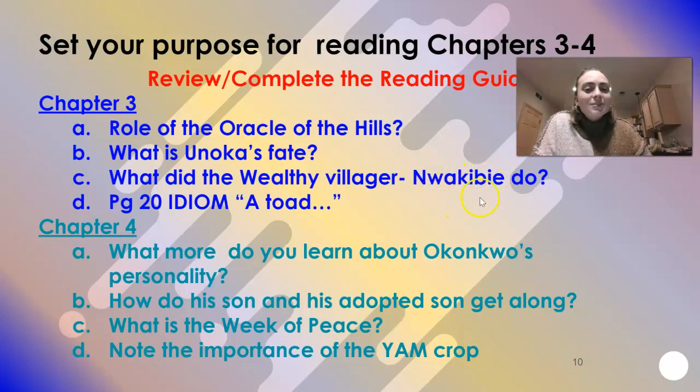Page 20 is a good one to keep an eye out for an example of an idiom. And then chapter 4, we'll learn more about Okonkwo's personality. We'll learn that he actually has kind of an adopted son, a boy that comes to live with his family. What is the week of peace? And then note the importance of the yam crop. Yams are regarded as the most important crop in their society.